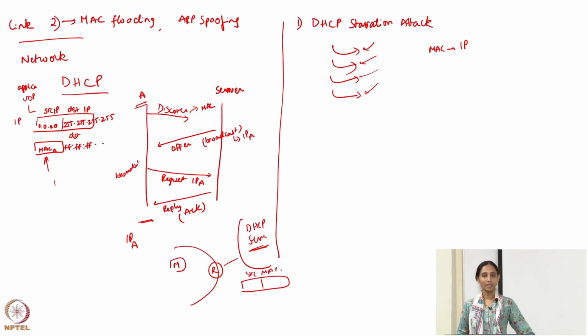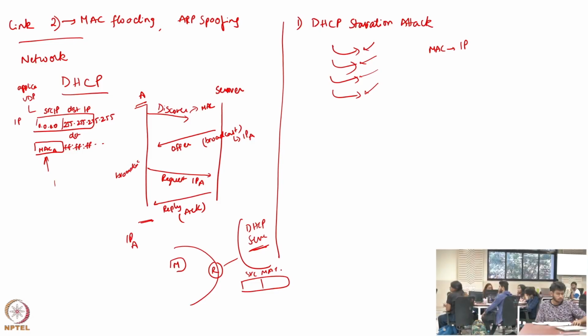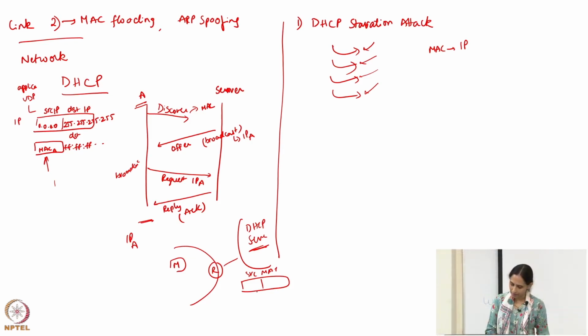Will it be Mallory's? Whose address will it be? The router's. Basically, this router is the one that is interconnecting, so it will become the router's. No matter how many MAC addresses this guy uses, they'll all get translated into one. So the DHCP server is no longer able to see the MAC address.